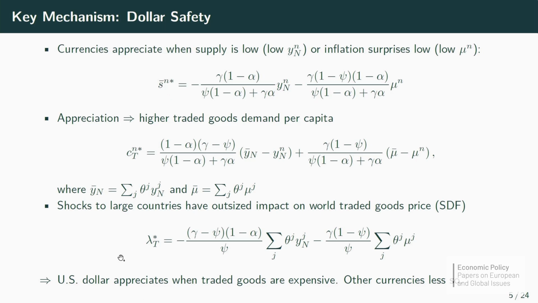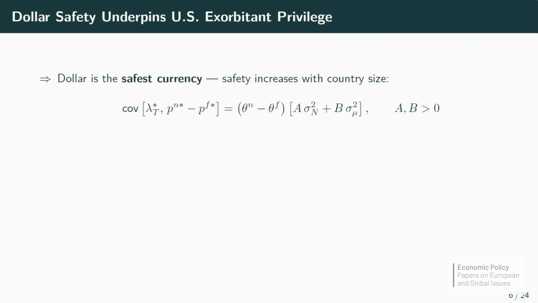In other words, the US dollar will appreciate whenever traded goods are expensive. Other currencies, less so. And so that underpins the asset pricing properties of this economy. The dollar ends up becoming the safest currency in the world because the US is large. Its currency has the highest covariance with the stochastic discount factor.